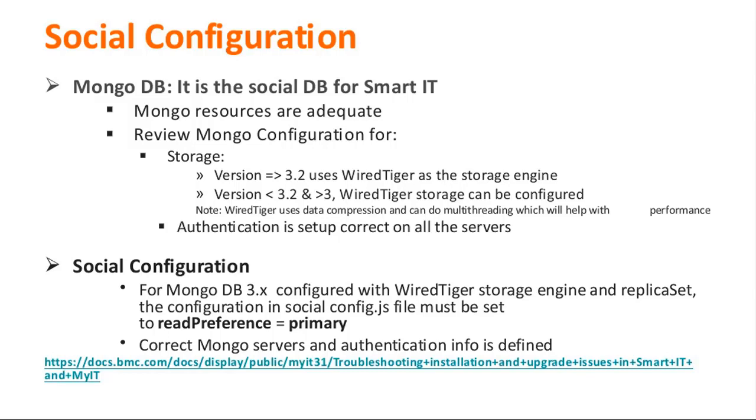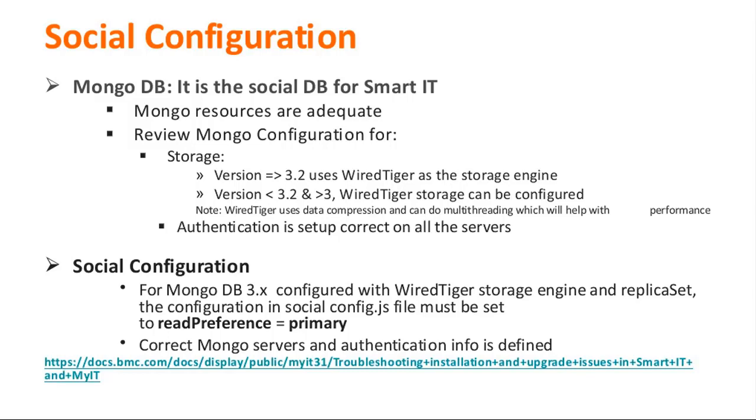You have the capability to configure the storage to utilize the WiredTiger storage engine. WiredTiger is basically a newer type of storage engine for Mongo, which uses data compression and can do multi-threading when you have multiple CPUs on the server. So it is really helpful from the performance perspective.